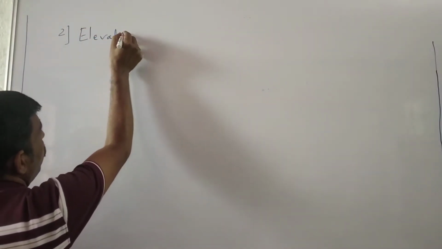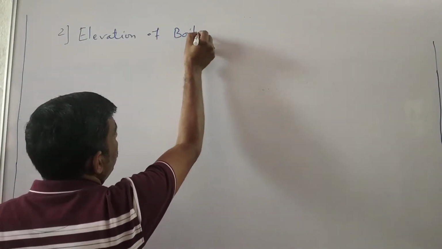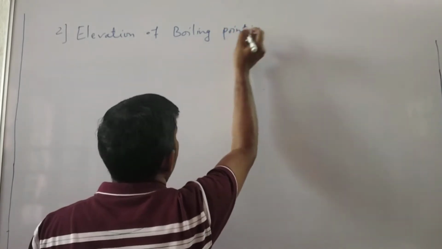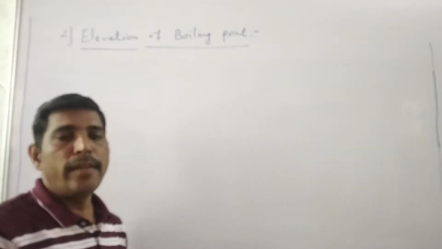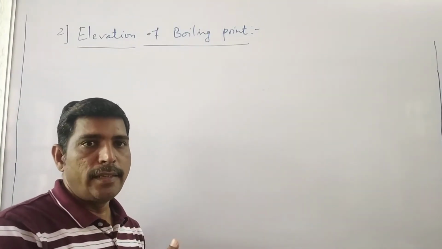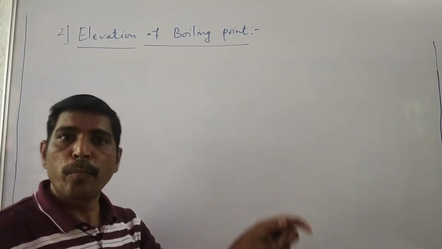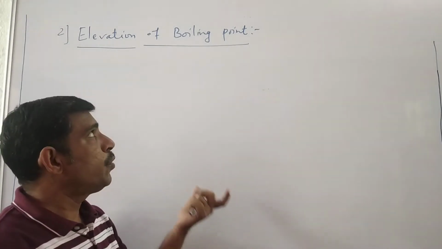Elevation of boiling point. So here, elevation means there is an increase. What increase? The boiling point. Boiling point of what shows an increase?